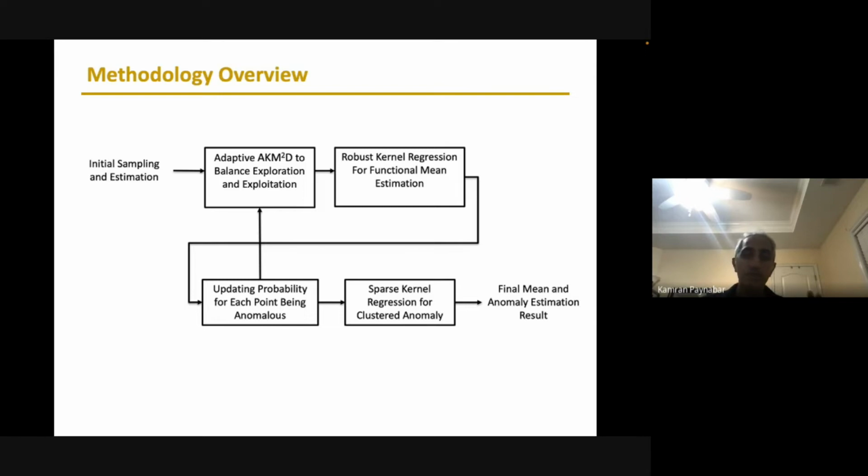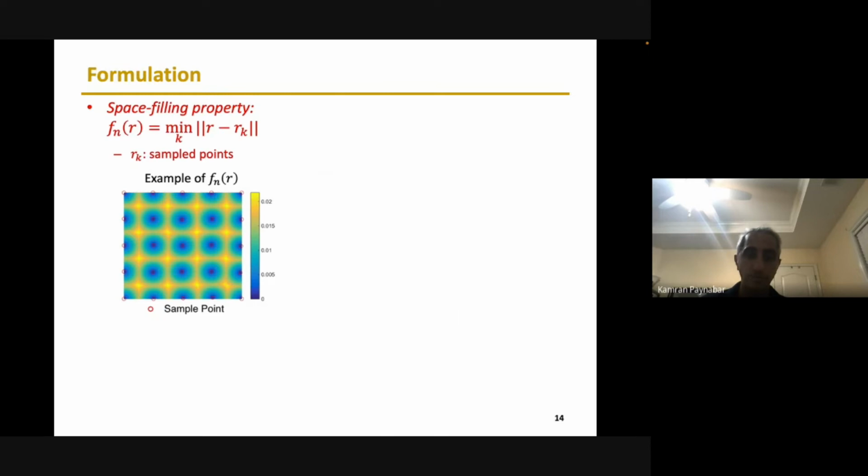Every time we identify the locations of the samples, after sampling we take a two-step approach. In the first step, we try to estimate the functional mean and background. After that, we want to identify the defect, the shape of the defect. That's how this flowchart works.